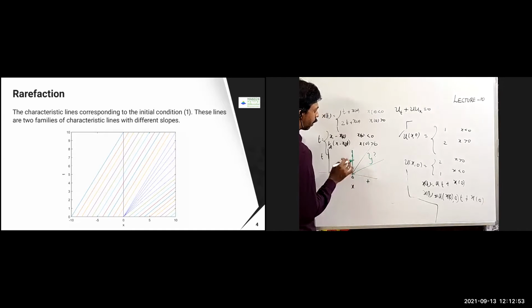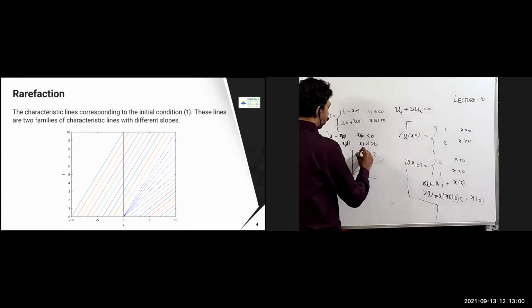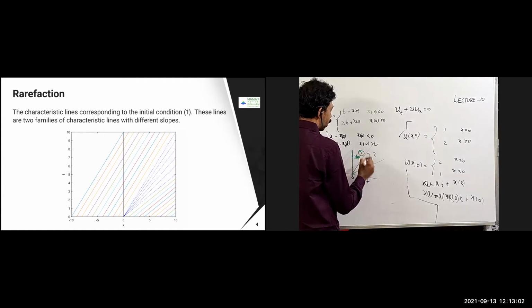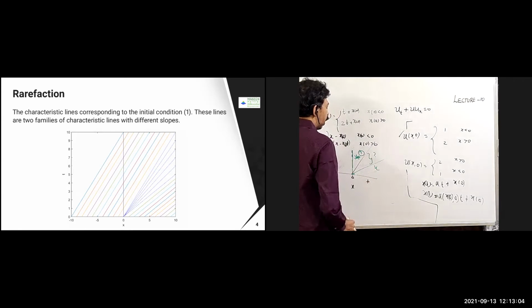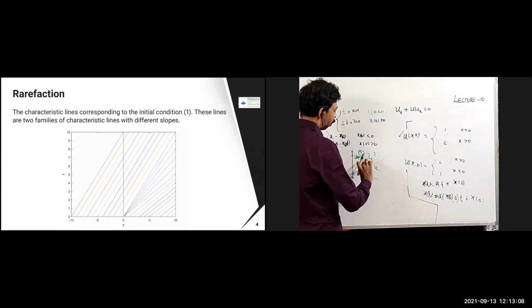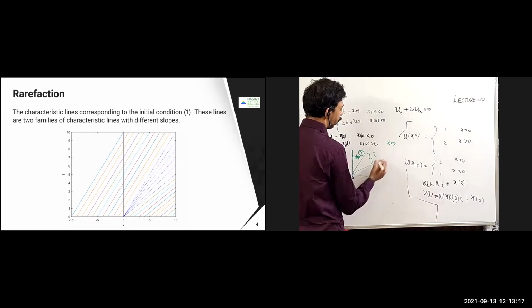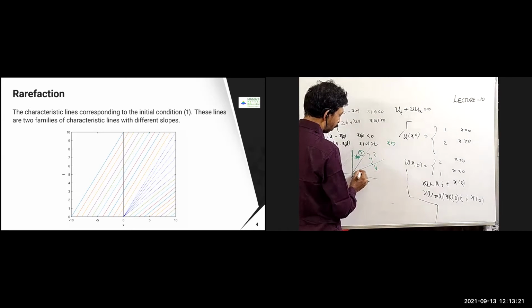When x is greater than 0, you are going to have a straight line with slope 1. This other slope I am going to have after testing. Now you are going to have a gap between these two. So what will happen in between? For example, if x comma t is this point, I know where it started from, so I can write it.